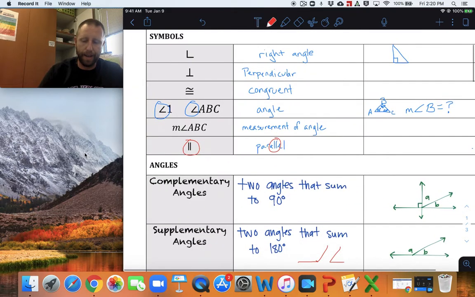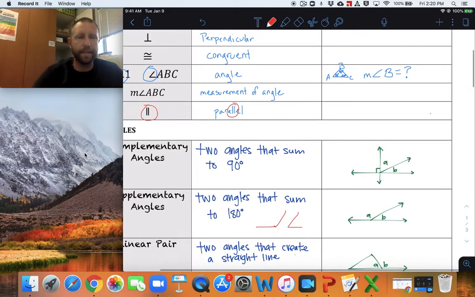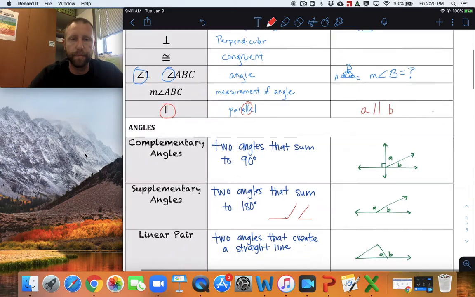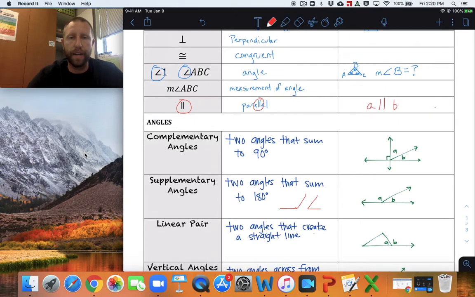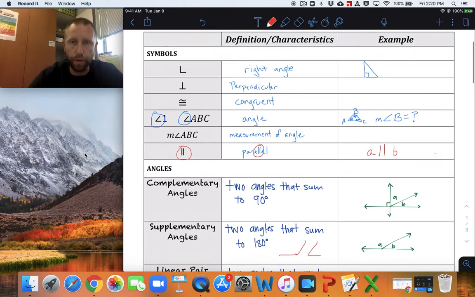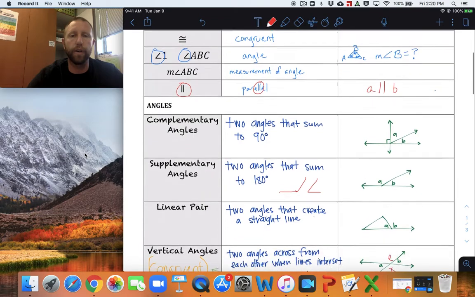So we could say, if I've got two lines, line A and line B, and they were parallel, I could use that symbol to show that A is parallel to B. That's all, okay?